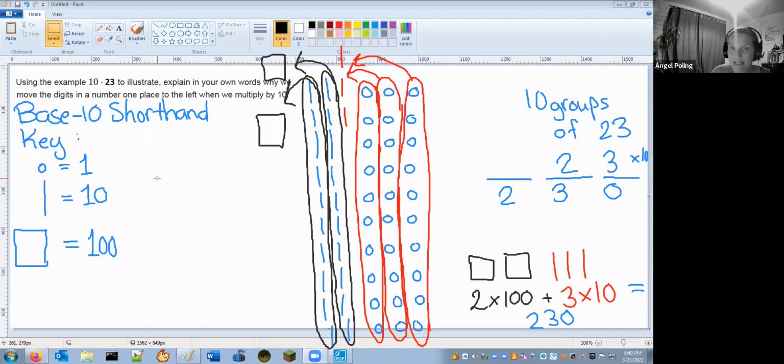That was a section 4.2 problem. And this is what section 4.2 is about, multiplying by 10.